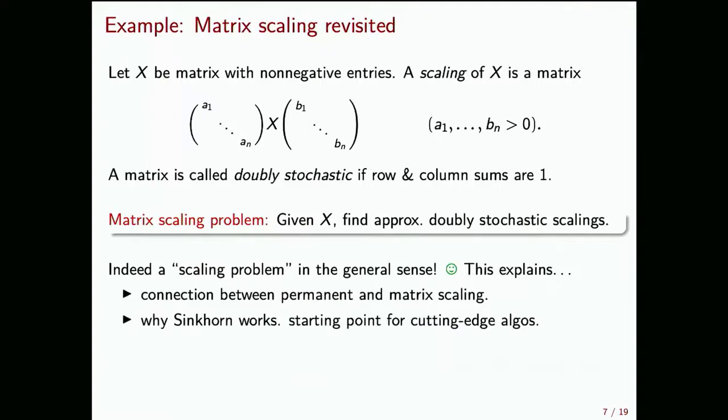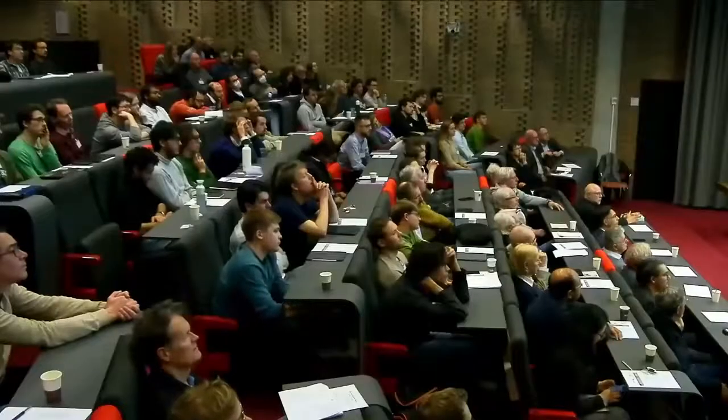The cool thing is that this is not just a translation, but it explains some things. By this general connection between algebra and geometry, it explains to us very concretely why the permanent should be related to matrix scaling. Why is this algebraic problem related to a geometric one?